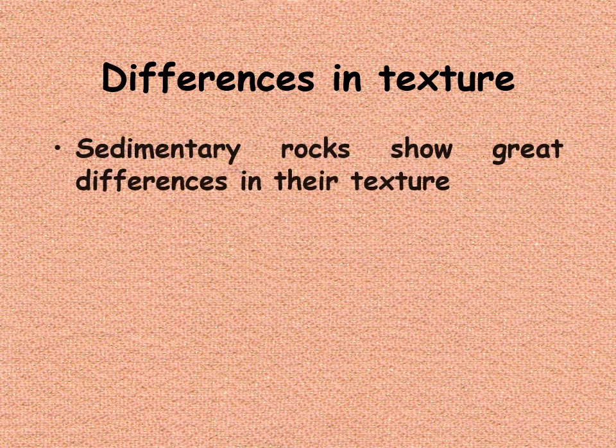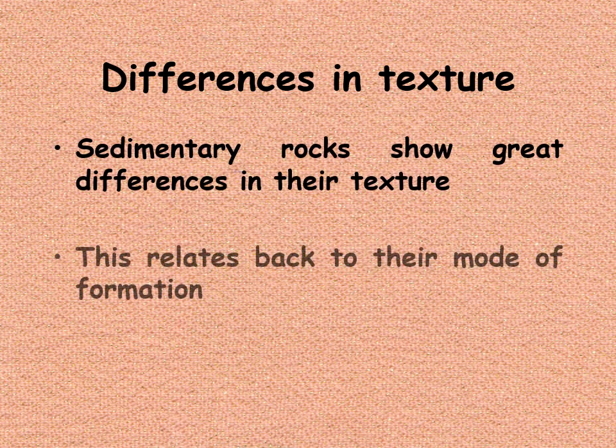Now, differences in texture. As we know, every natural medium like the wind, water, glacier has different properties, that is their specific gravity, their density, their flow velocity.